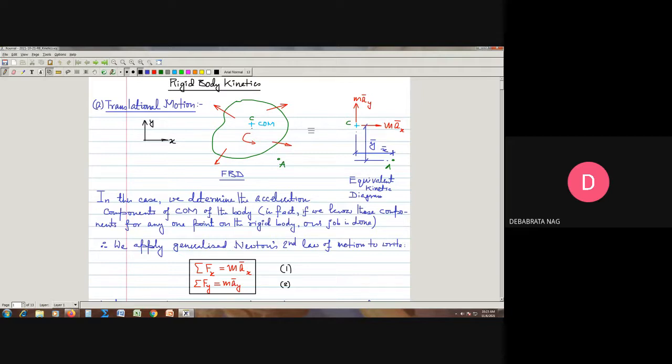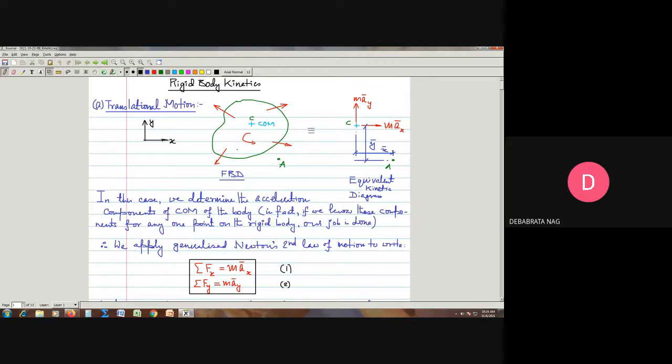For example, in this case, we have considered a single rigid body, and we isolate this body from its surroundings and show the effect of the external surroundings on this system in the form of external forces and moments as disclosed in the free body diagram.